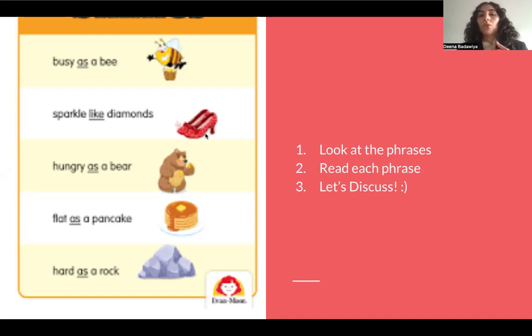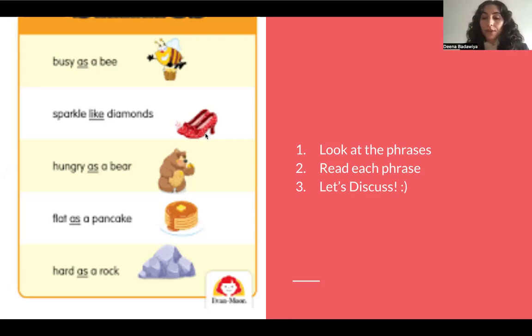Okay, so what do you think hard as a rock means? And let me give you an example. If I want candy, let's say I want to get a bubblegum candy, and the bubblegum candy has been in my car for a long time, and I eat it, I can say this bubblegum candy is hard as a rock. So what do you think that would mean?